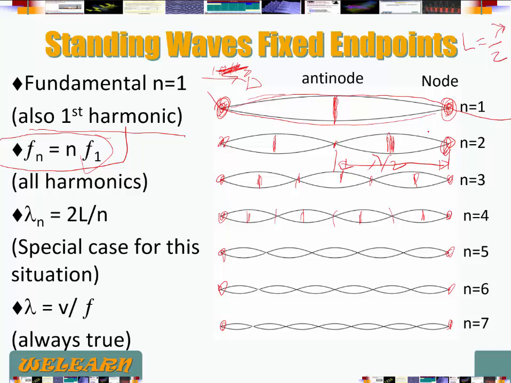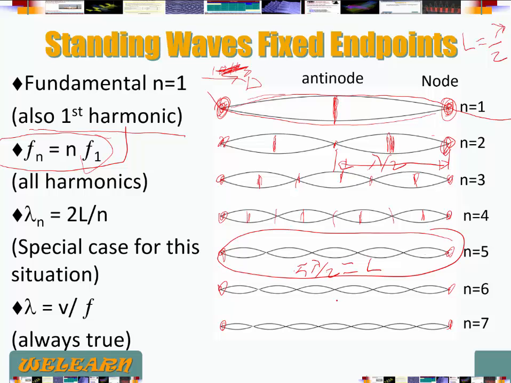Lambda over 2 is equal to that length that we measured. So for example, if we look at this, we have 1, 2, 3, 4, 5 segments. 5 segments, that's 5 times lambda over 2. That should be equal to the length of that particular string, the overall length.